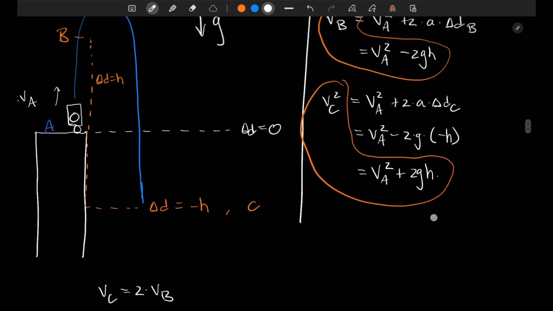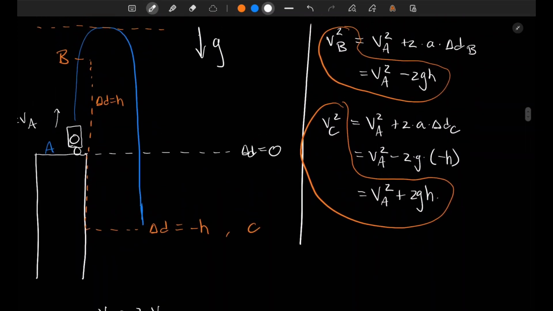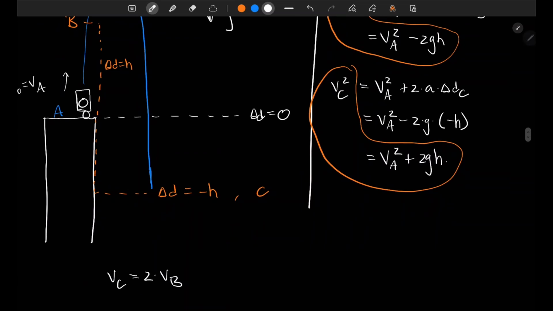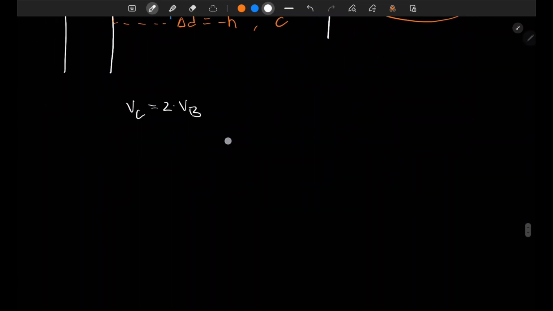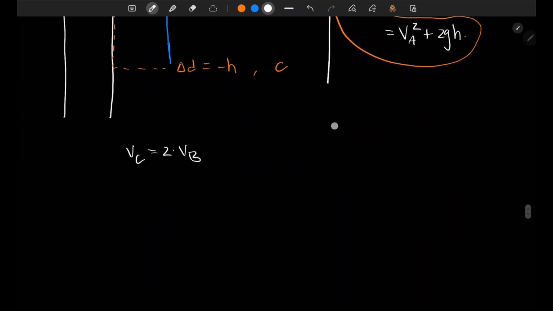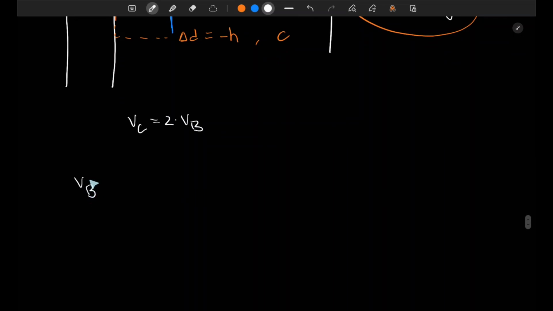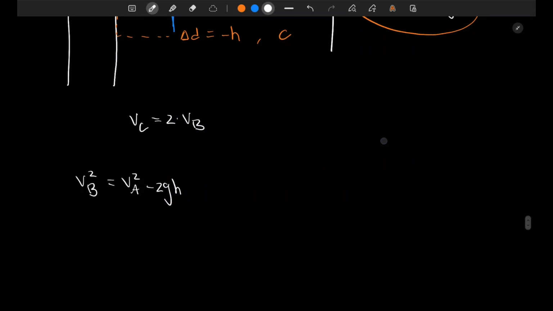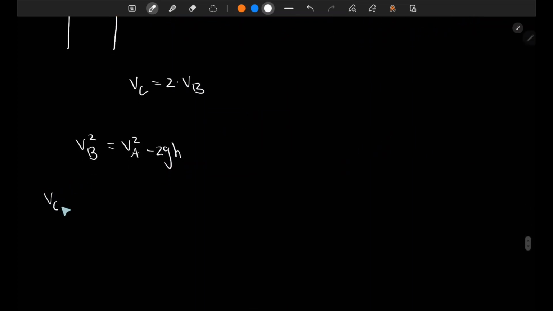So we can rewrite these equations plugging in what we have here. So our first equation is still going to be vB squared is equal to vA squared minus 2gh. Our other equation is going to be vC squared, which is really equal to 2 times vB all squared is equal to vA squared plus 2gh.